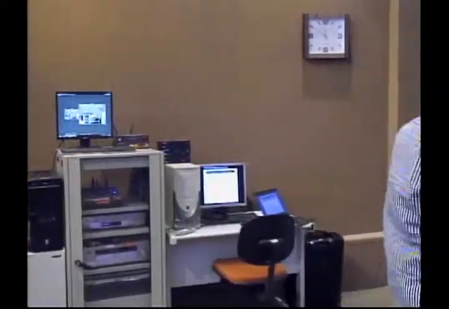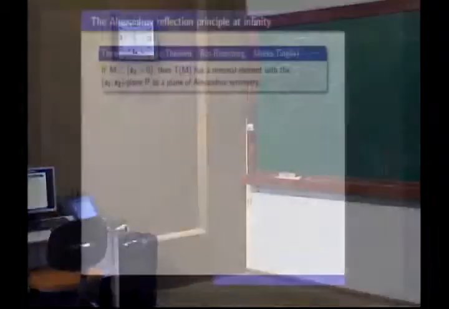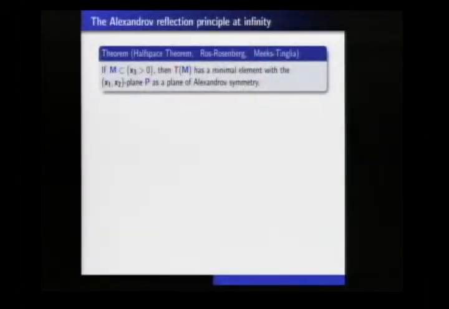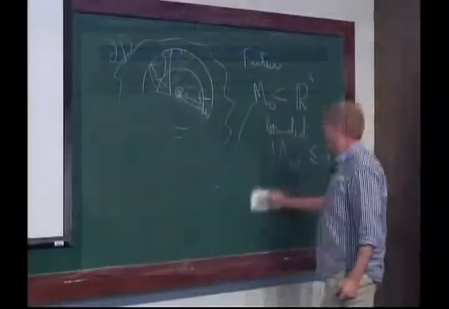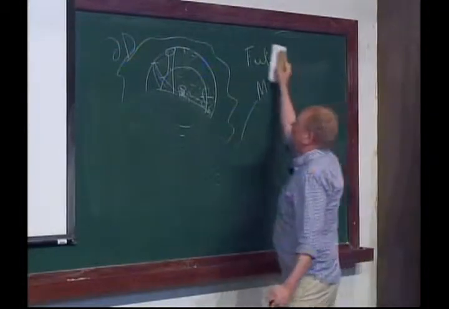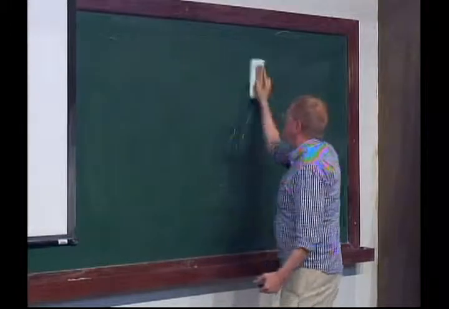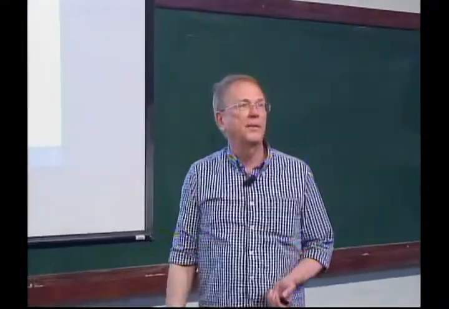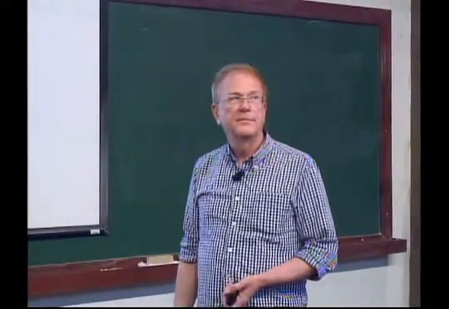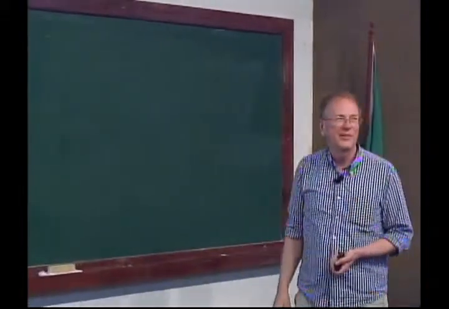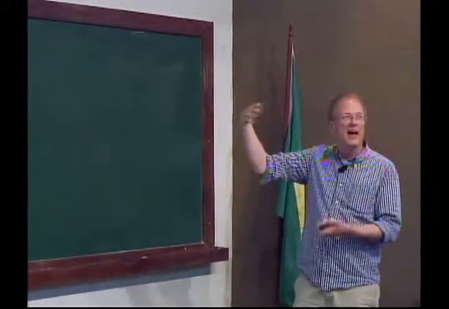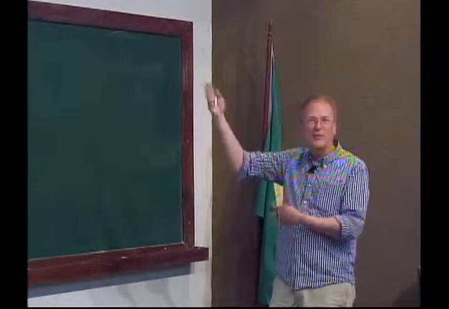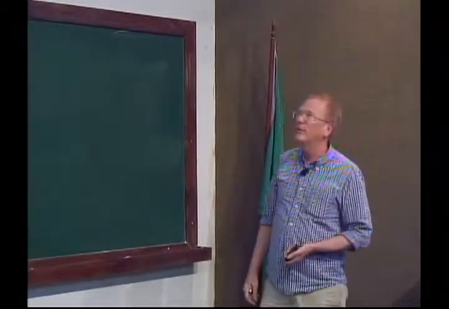I didn't explain what a plane of Alexandrov symmetry was, but basically that just means the following. Bounded second fundamental form. So you know how to prove this, with this other language, which is more language than you usually think about.